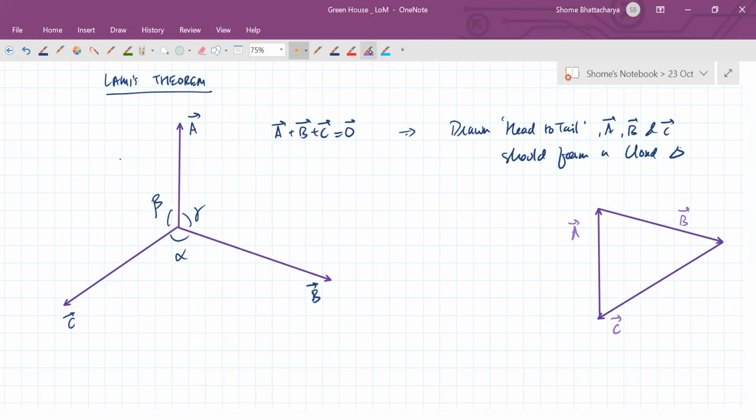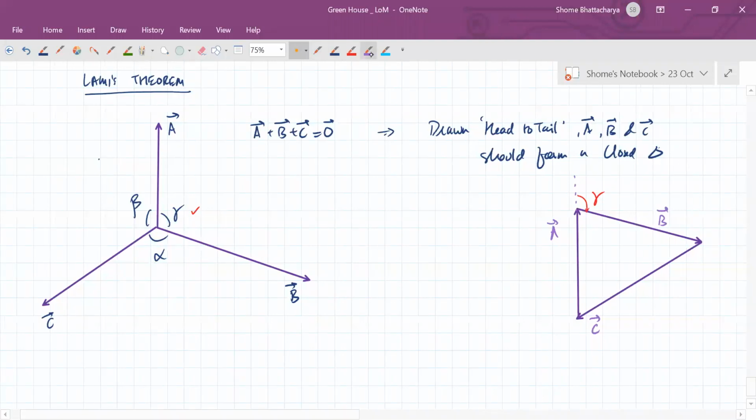Now you can see that the angle between A and B, this angle, will come in here. So this angle will be gamma. Then the angle between B and C: extend the direction of B. So the angle between B and C is this angle.